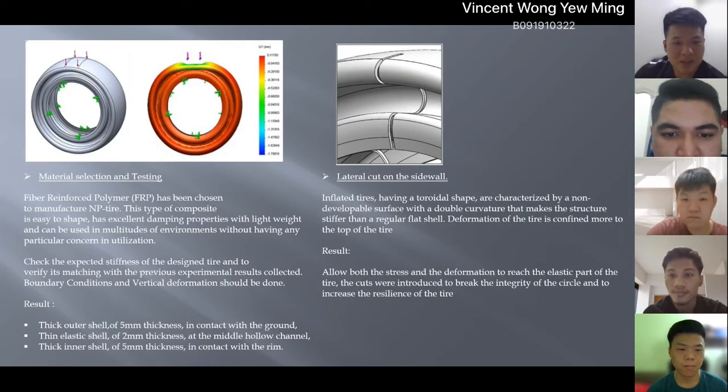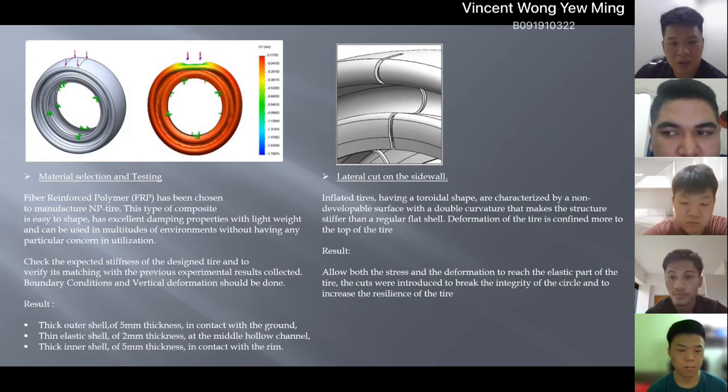For the material selection and testing of the non-pneumatic tires, for the choice of materials, fiber reinforced polymer, which is FRP, has been chosen to manufacture the NP tires.